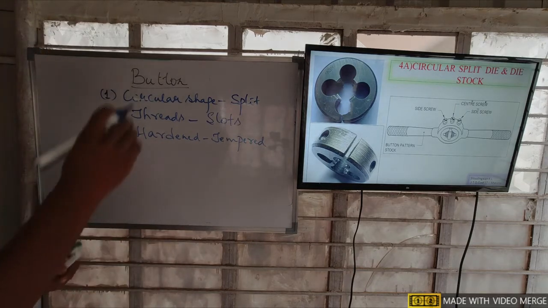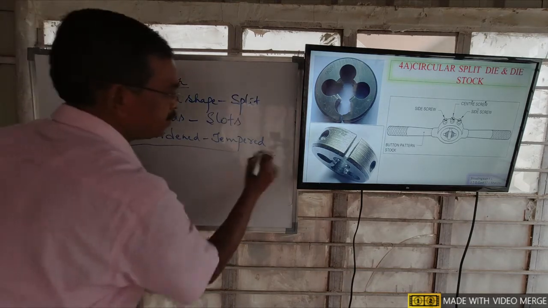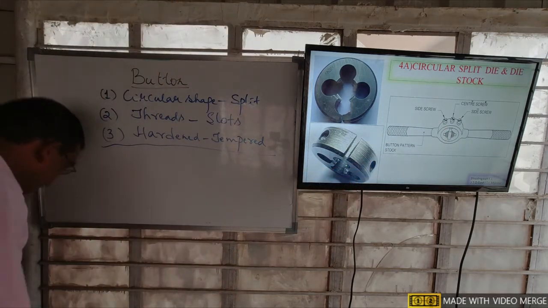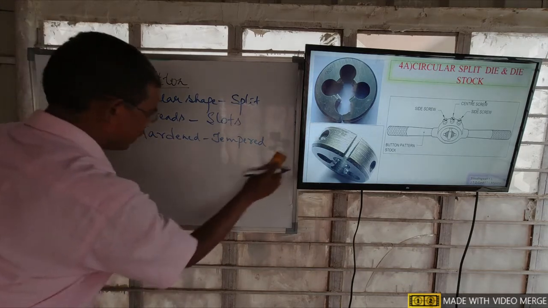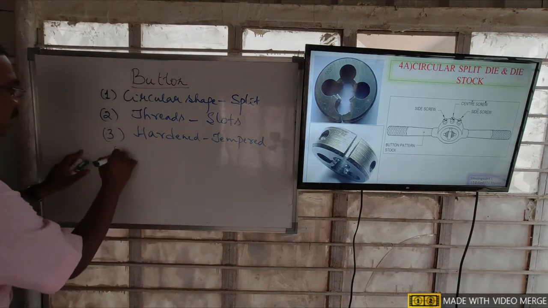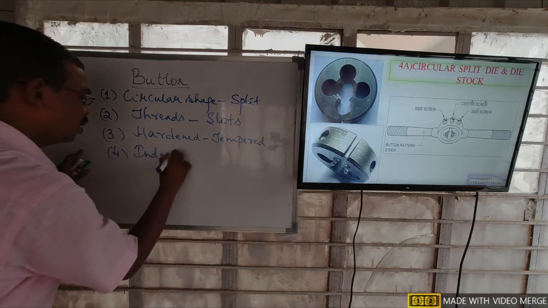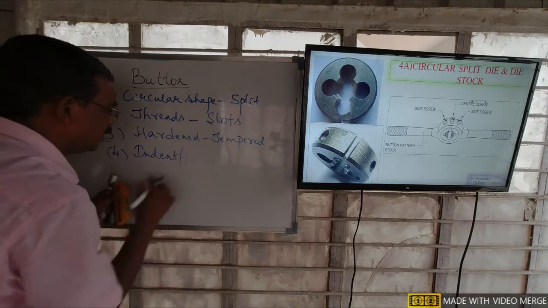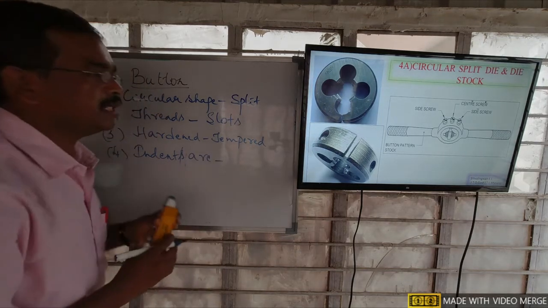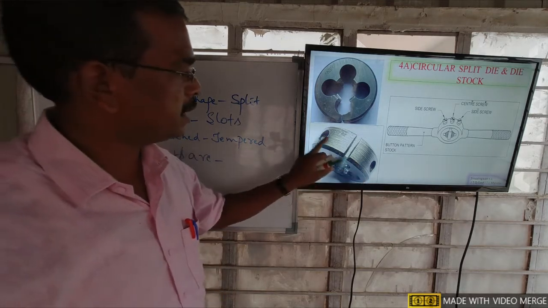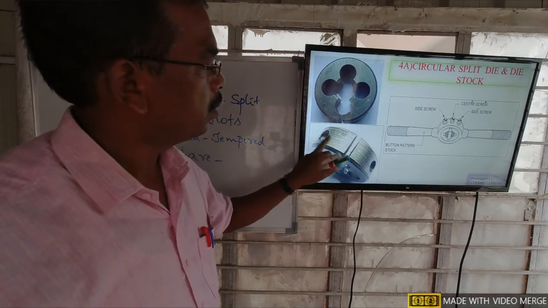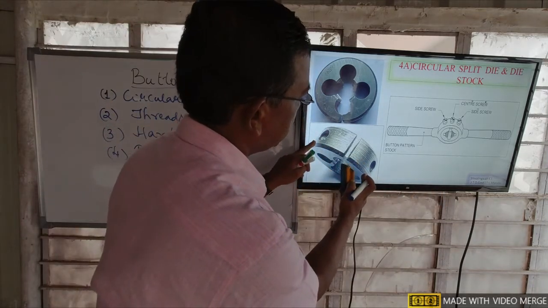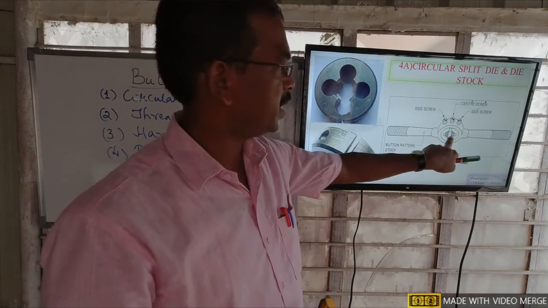Okay, and then if you try to see the die stack here, before that, this die is also having the indents or grooves. So these are the two indents. These indents help to compress or close, or reduce the size of this die when we fix this die into the die stack.